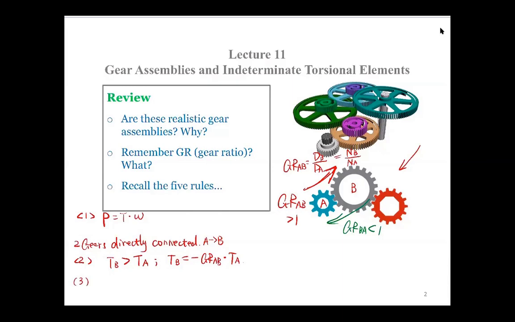And rule number 3: when you are transmitting from a smaller one to a larger one, then the angular velocity and angle of twist will be smaller. So phi B is smaller than phi A, or phi B equals phi A over negative gear ratio AB.